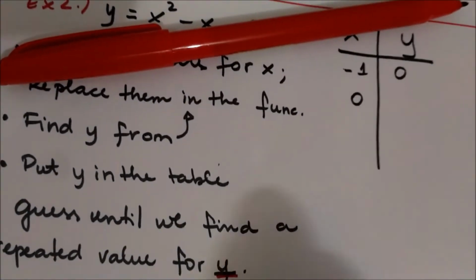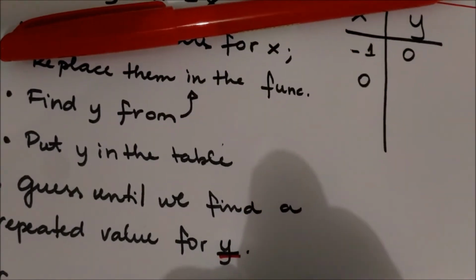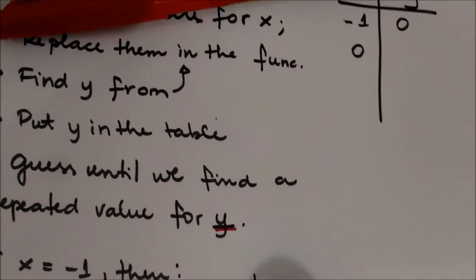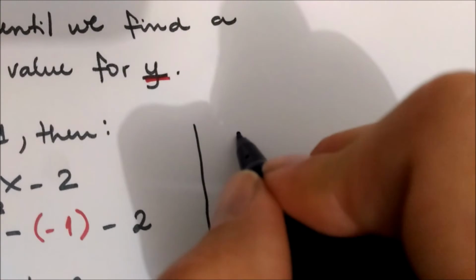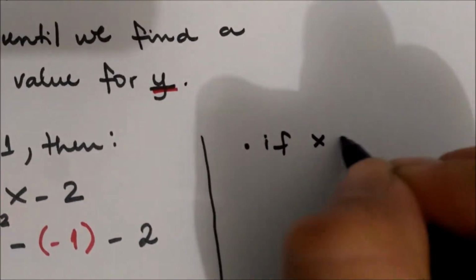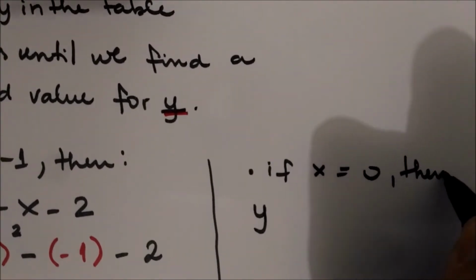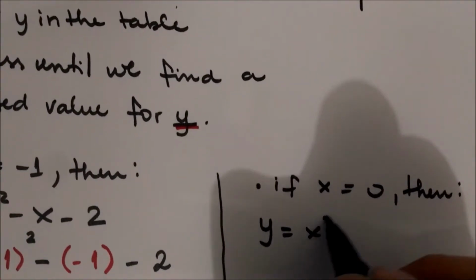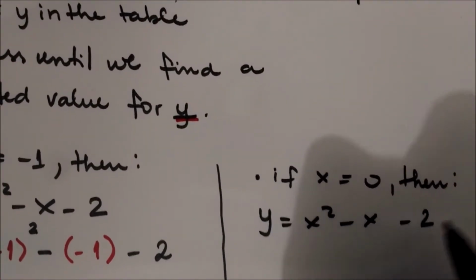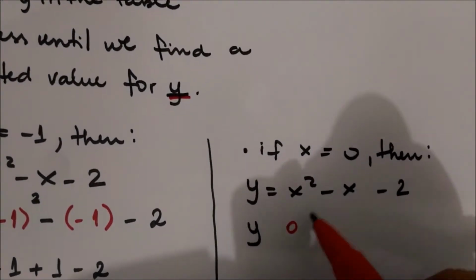Great. I'm guessing 0 for x. I'm using this side here. So I'm changing my x's for 0.